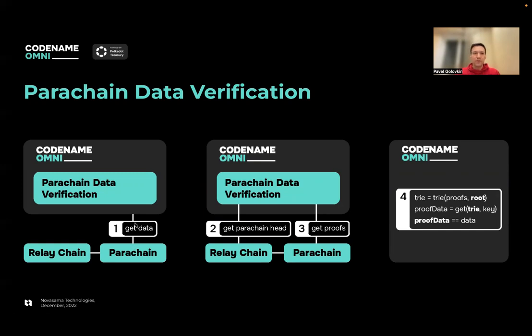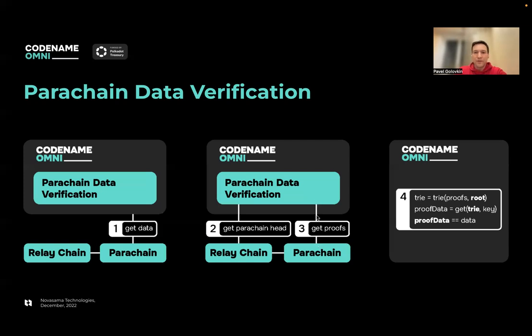The next question is how to check this data that we get from the RPC connection. For that purpose, we can get the parachain head from the relay chain. For the relay chain connection, we are using Substrate Connect, and we do trust this data because we read it from the local node.